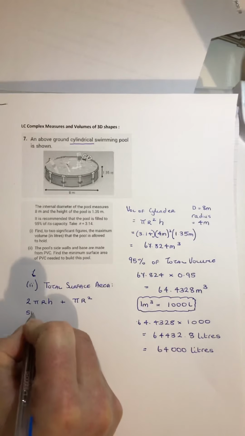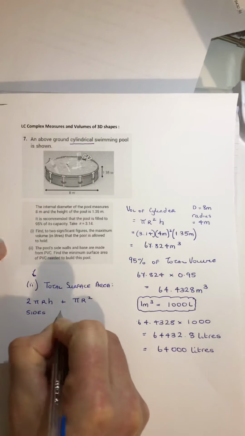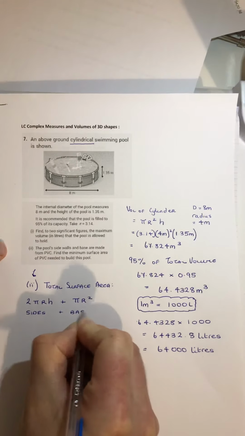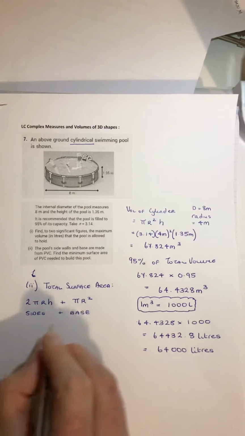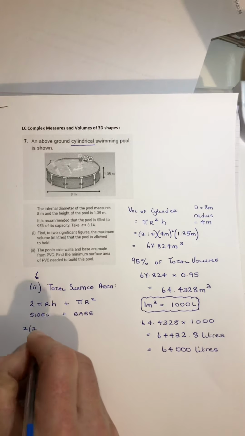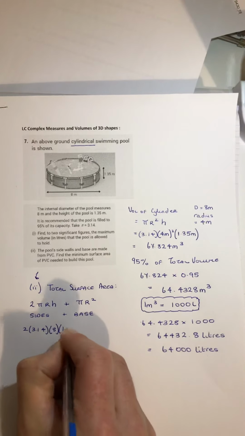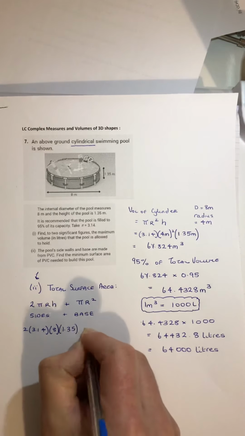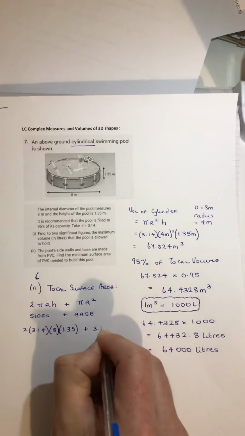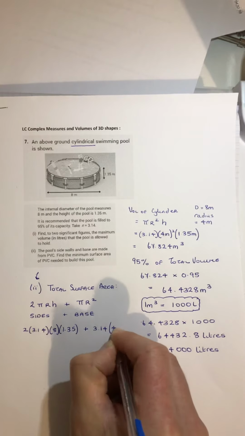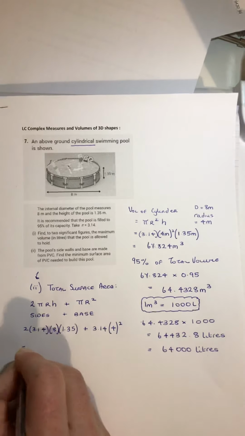So this is for the side plus the base. Okay, so in this case here, 2 times 3.14, the radius is 4 and the height is 1.35 plus 3.14 times the radius 4 squared.